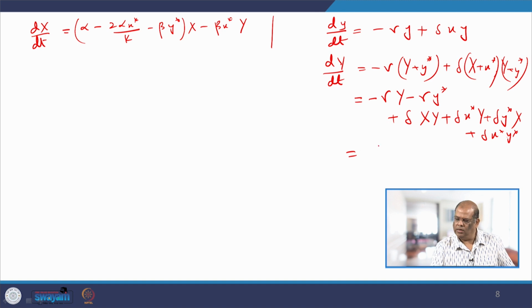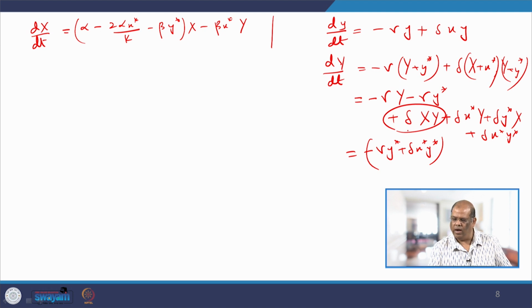And if you write this in the form minus gamma y star plus delta x star y star, constants, this we ignore because it's a second degree term, plus delta y star into x plus delta x star minus gamma into y.